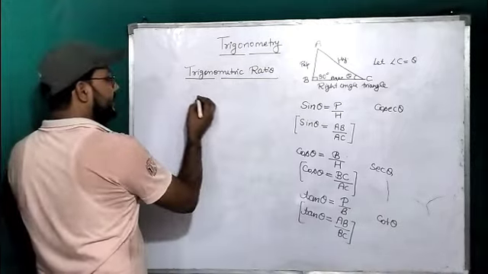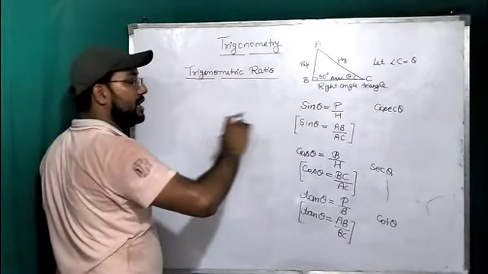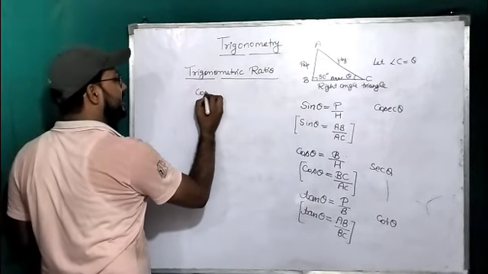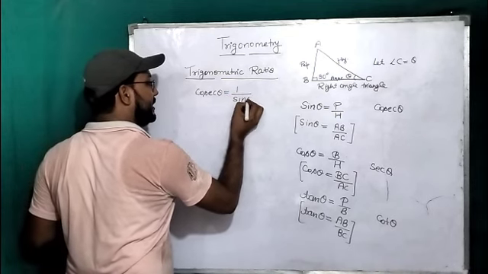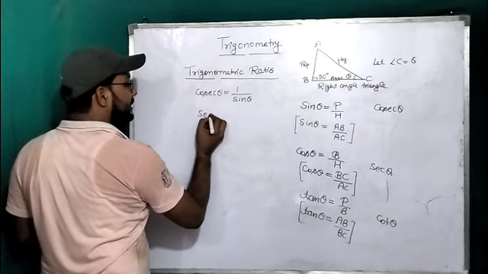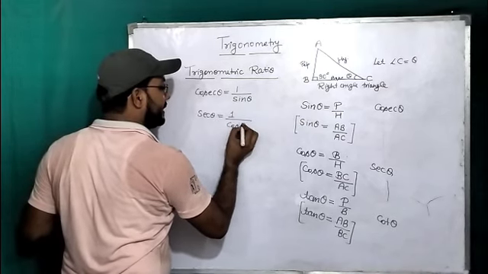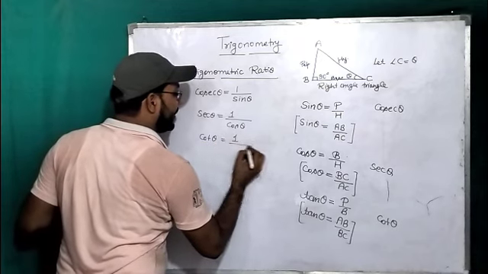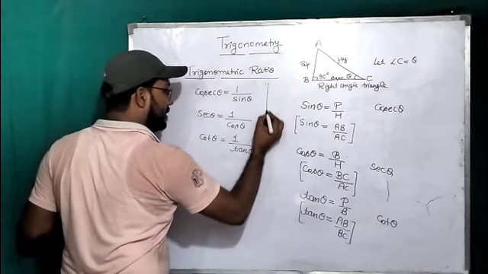Cosec theta is the reciprocal of sin theta, sec theta is the reciprocal of cos theta, and cot theta is the reciprocal of tan theta. Is that clear?